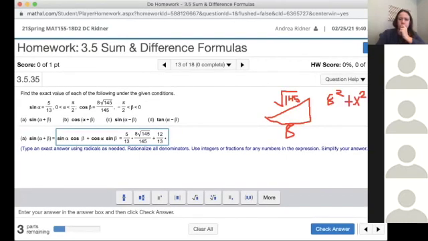So x squared equals 81, which means x equals 9.